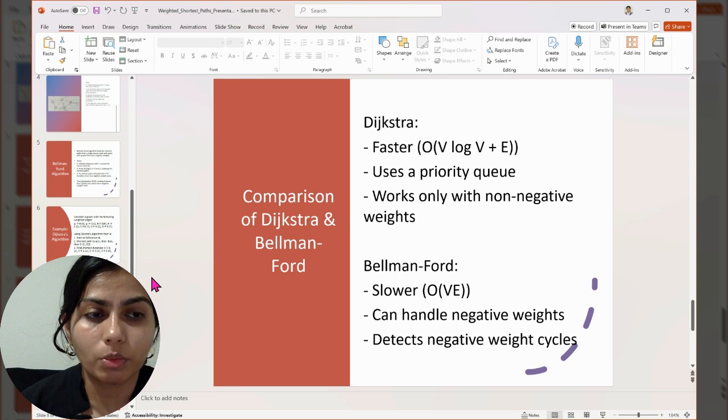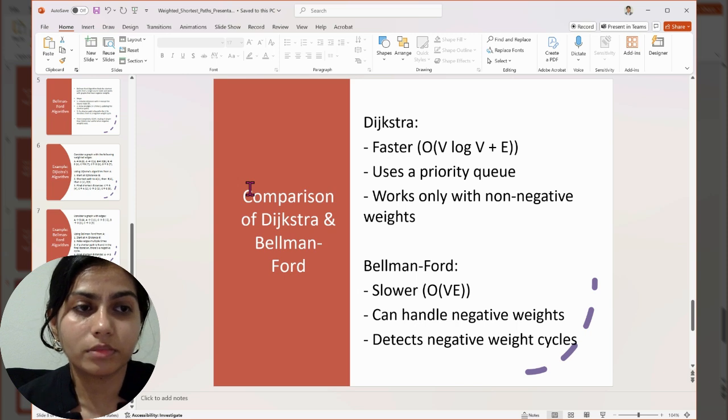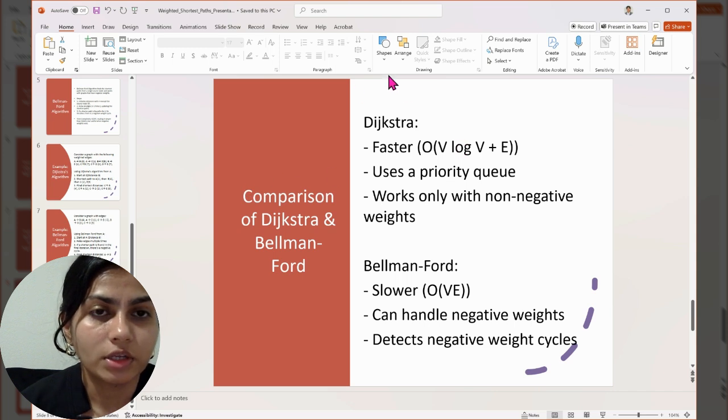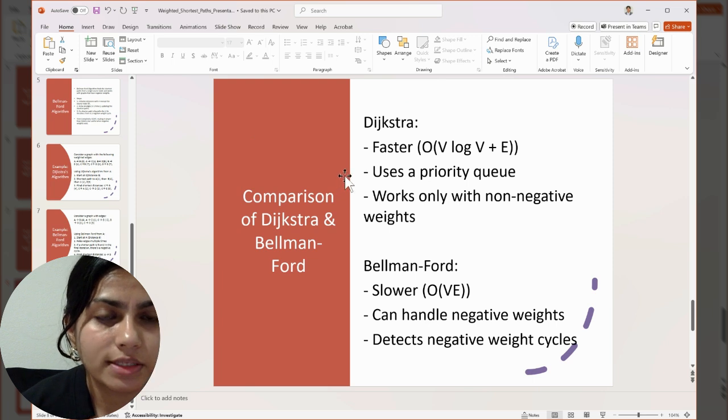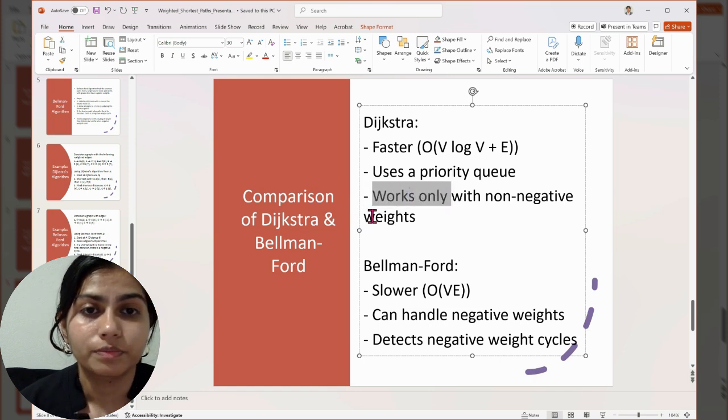So how can we compare the two algorithms? Dijkstra's algorithm, as I already mentioned, is faster. It runs in O((V + E) log V), uses a priority queue, and works only with non-negative weights.